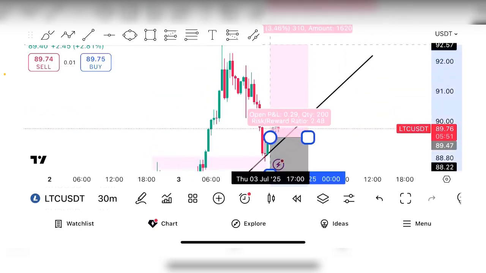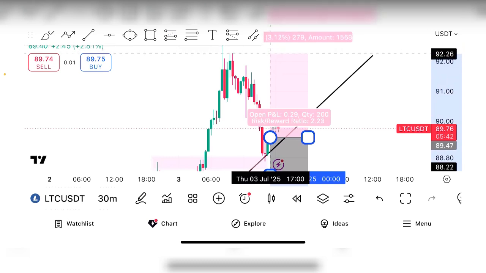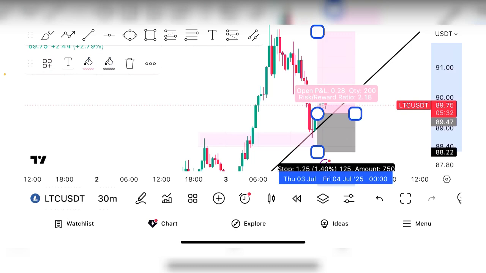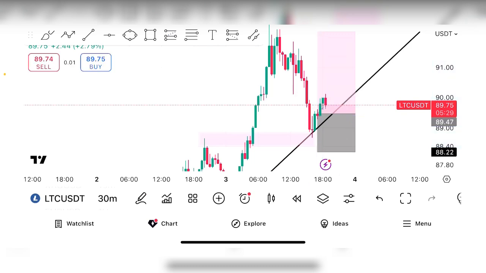Target is small, 1:3 risk reward ratio. But I told you guys, as a newbie, always target 1:2. If you are targeting 1:2, look at it, 2.20 or 2.18. Target those areas. For you guys that are new, 1:2, very, very important. If you master this risk reward ratio, it is another important thing again.